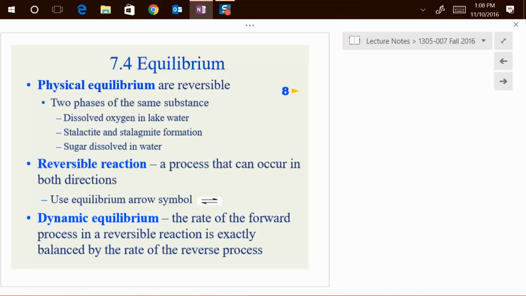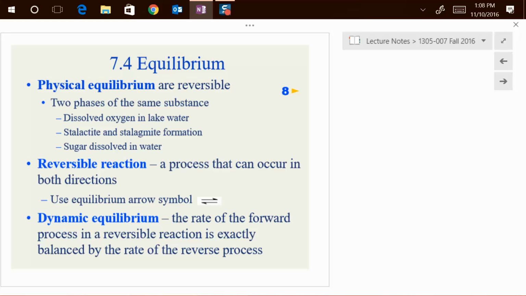Lots and lots of chemical equations are reversible. They are equilibrium equations. They establish equilibriums. Okay? So, what is the definition of equilibrium then? It's when the rate of the forward process in a reversible reaction is exactly balanced by the rate of the reverse process. Yeah, that's very confusing what they just said. The forward reaction is going just as fast as the reverse reaction. That's when equilibrium is established.